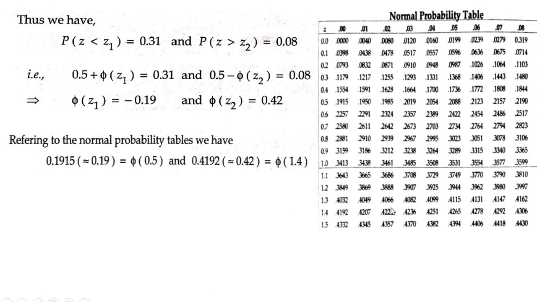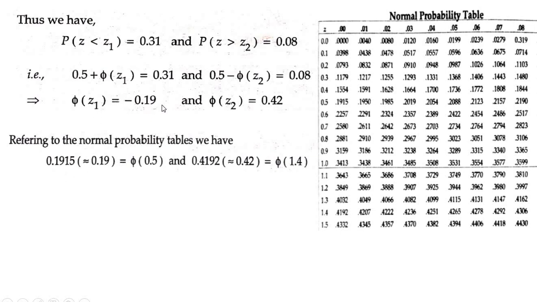Or you can consider 0.4192, which is approximately equal to 0.42, right? This is the reverse process. So that is 1.4. This value you have to search in the table body, and in front of it find what value of z gives 0.19 and 0.42.